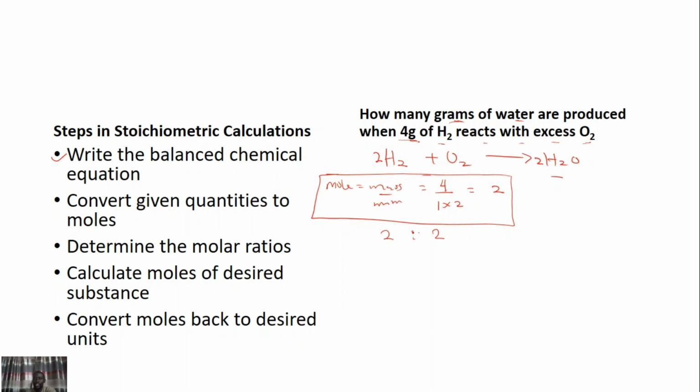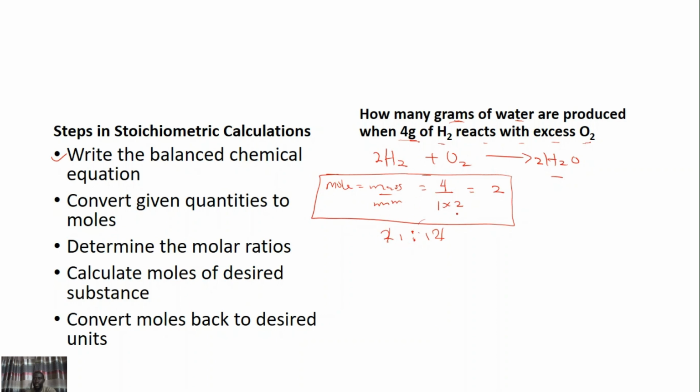So this is 2:2, which is actually 1:1. Meaning that the mole of hydrogen that you give into the reaction, if there is adequate oxygen, will be the same mole of water that is formed. So they are in ratio 1:1.